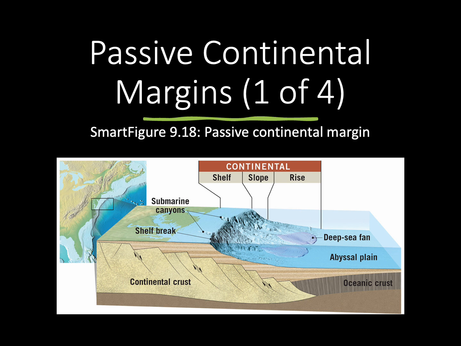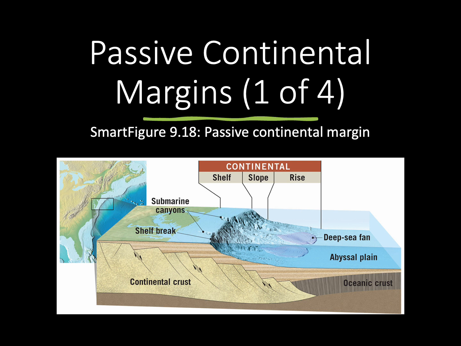But as we transition between these two majorly different types of rocks, we're going to see that the continental margin is going to have three major areas on it. We're going to have a relatively flat, gently sloping shelf. If you've ever been to the beach and you've been able to walk pretty far off the coast in the water, you're walking along the continental shelf.